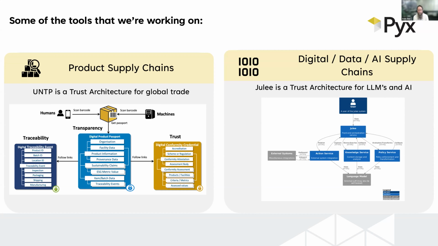If we can improve the exchange of information and improve the value at the system boundaries of tech tooling, we can also create a trust architecture for large language models and AI. We think that's important as we think about how we leverage the tools that are emerging every day in tech, while also maintaining the social license to operate and creating a better world, which is what we think trust architects do.